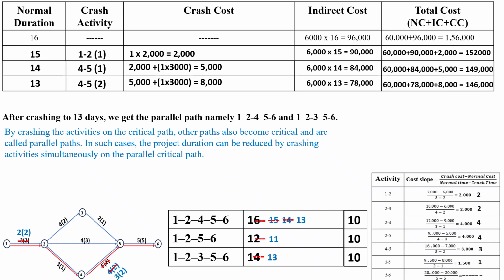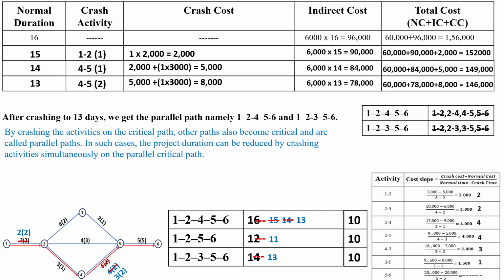So in this condition, we have to crash critical activities on the critical path as well as on the parallel path also. Here the critical path is 1, 2, 4, 5, 6 and the critical activities are 1 to 2, 2 to 4, 4 to 5 and 5 to 6.